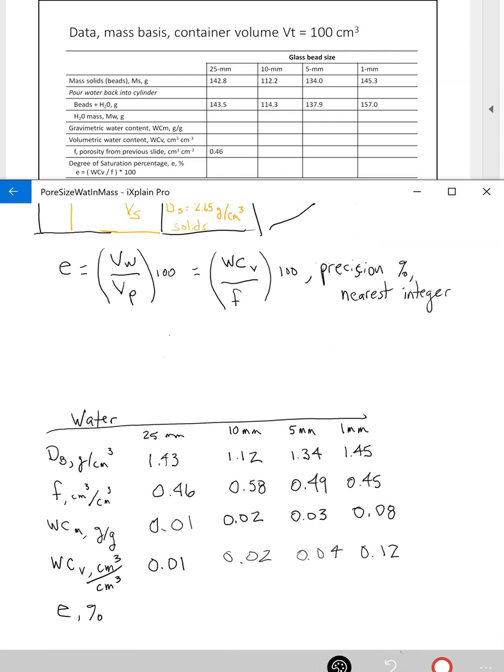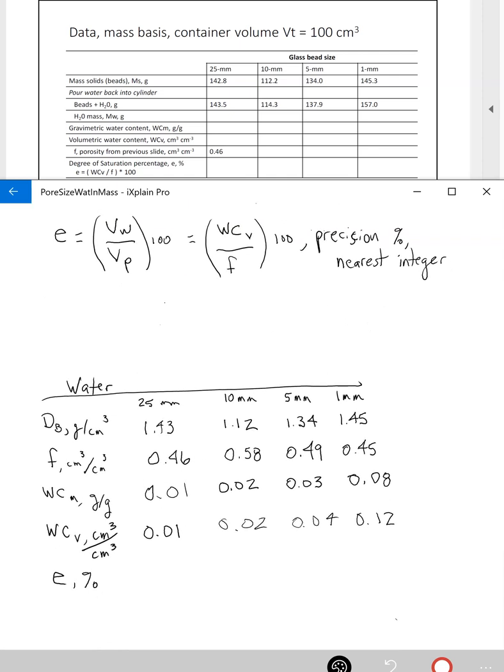So what do we have? Well, for our first example, we have a volumetric water content of 0.01, in cubic centimeters per cubic centimeter. We have a porosity of 0.46. We're going to multiply that whole thing by 100.